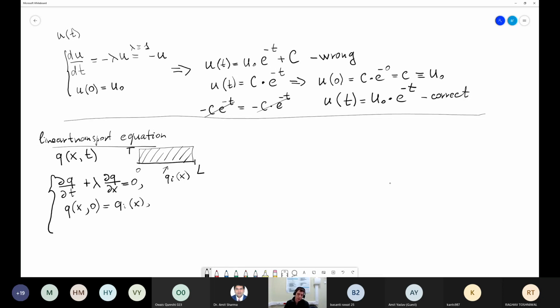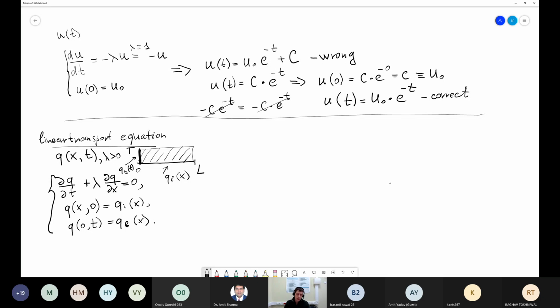If lambda is positive, let's add here explicitly lambda is greater than 0, we have to pose one boundary condition at the left boundary of our domain: q boundary as a function of t. q at x equal to 0 and time t is equal to q boundary of t.